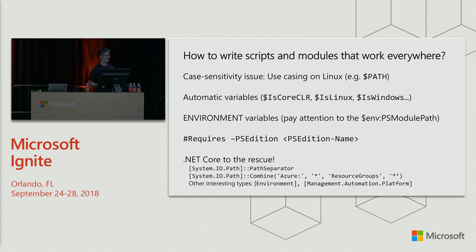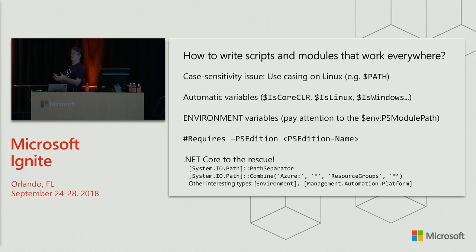For example, XML is case sensitive. There are a couple of other cases, but that's about 1% of things. So the best practice is to use the casing that exists on Linux. Why? Because Windows doesn't care, so that will work there, but Linux cares, and you will be fine if you pay attention. So for example, use PATH with all capitals, right? That will work on both.